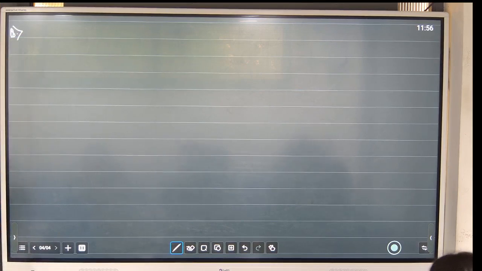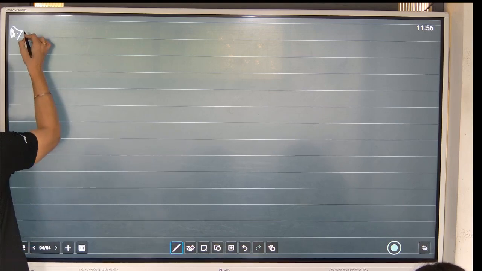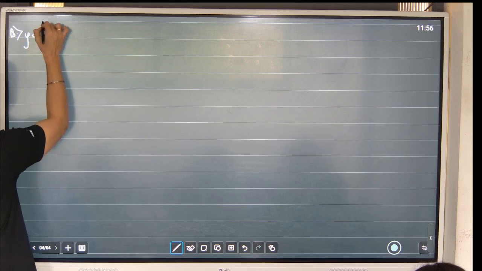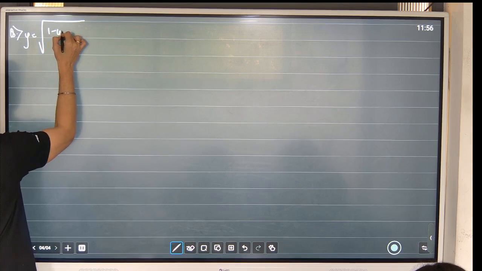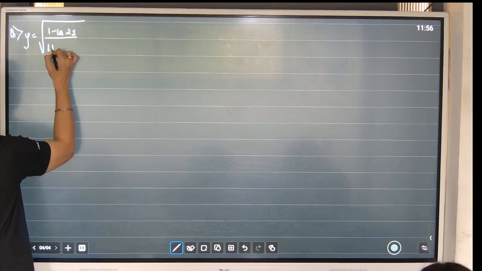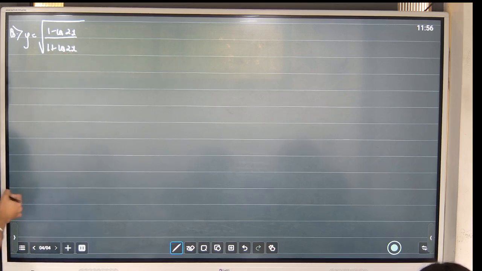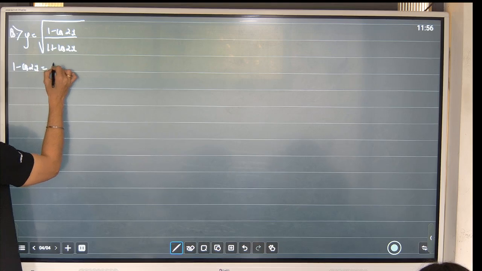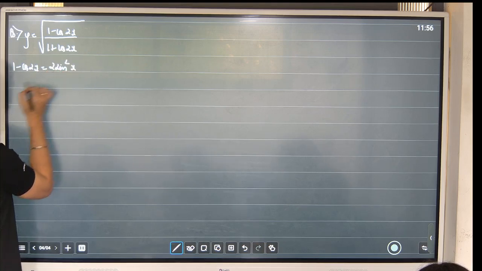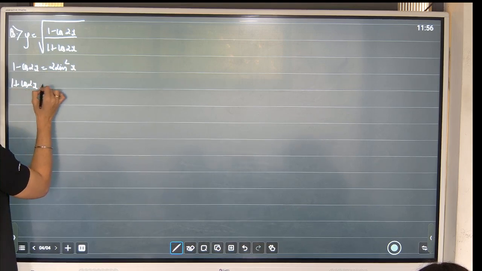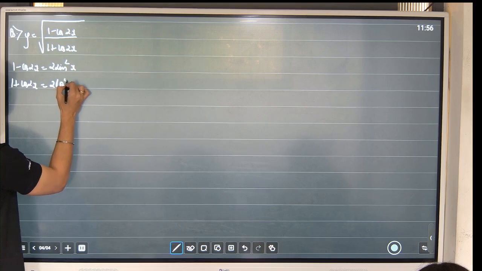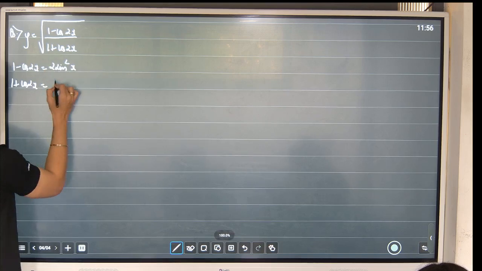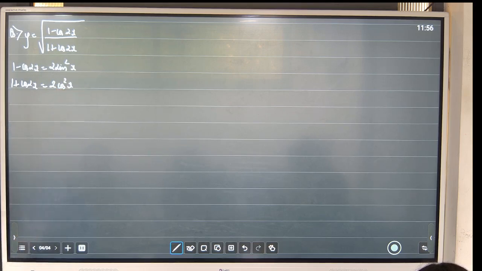In the same way, if I proceed with another question, because calculus just allows you to keep solving sums without taking any extra additional effort. Say for example, my question is y is equal to under root of 1 minus cos 2x upon 1 plus cos 2x. Now we know that the formula of 1 minus cos 2x is 2 sin square x, and the formula of 1 plus cos 2x is 2 cos square x.